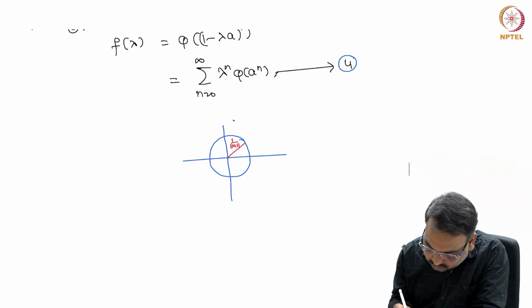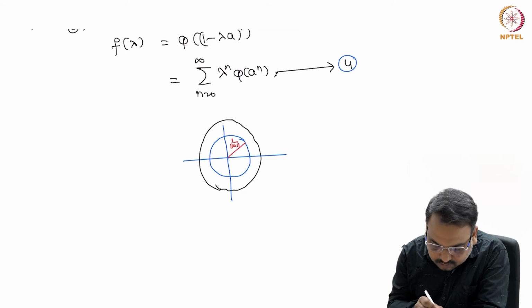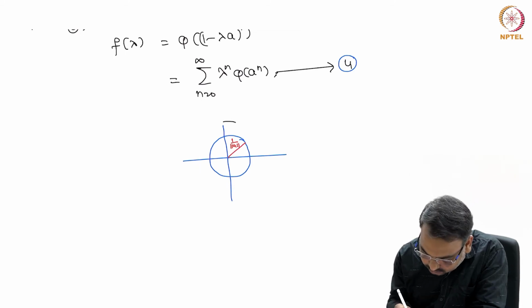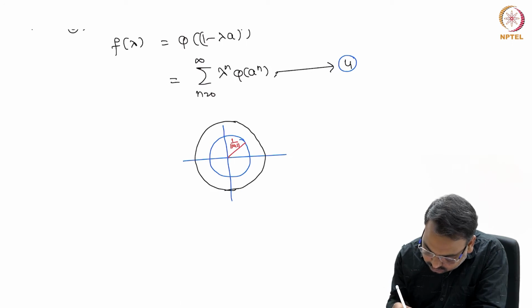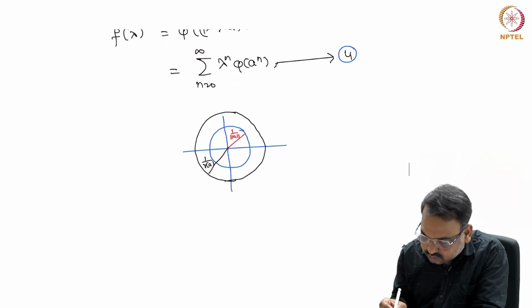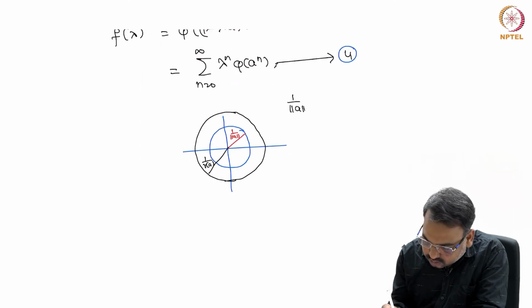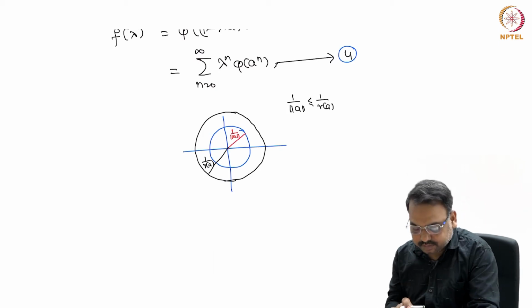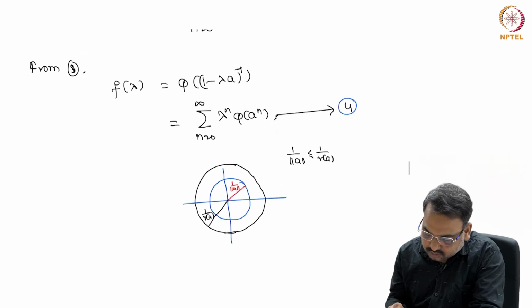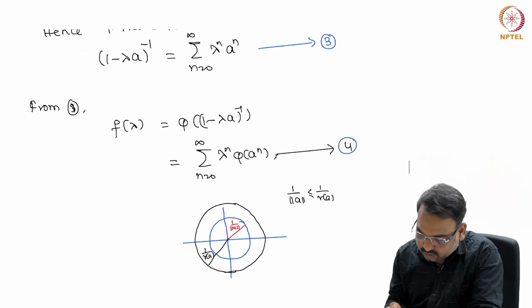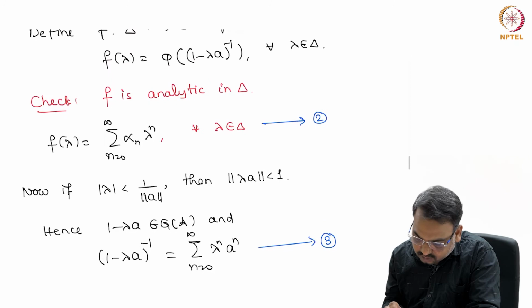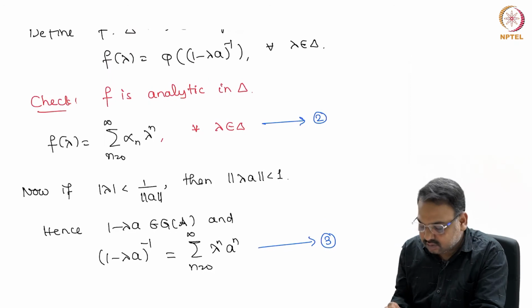We have a bigger set. So this is 1 by RA. So 1 by norm A is less than 1 by RA. Now in the smaller disk we have a representation like this given by 4, and inside the bigger disk we have the representation given by 2.